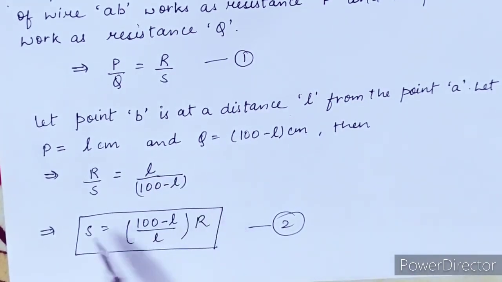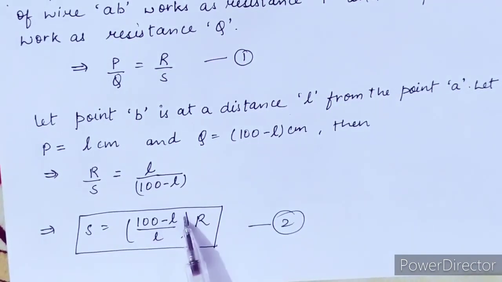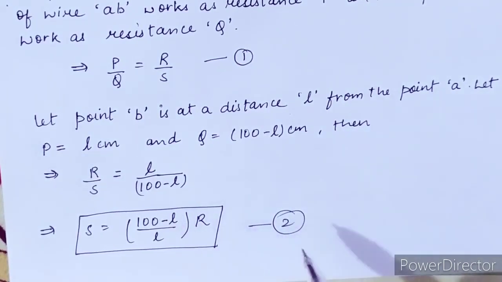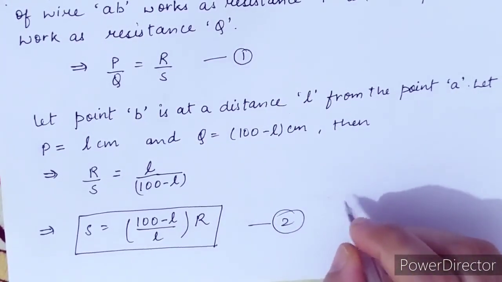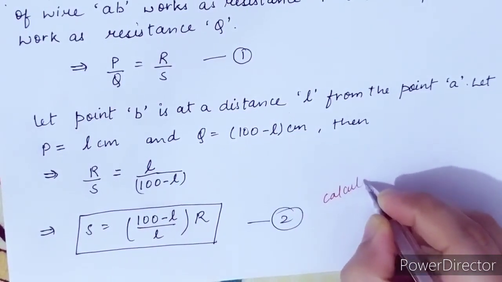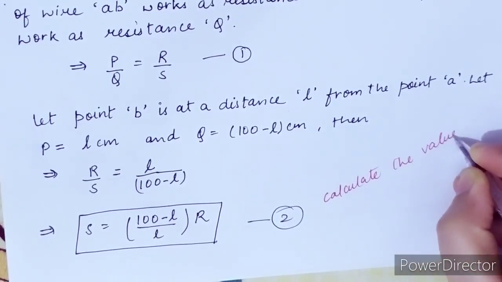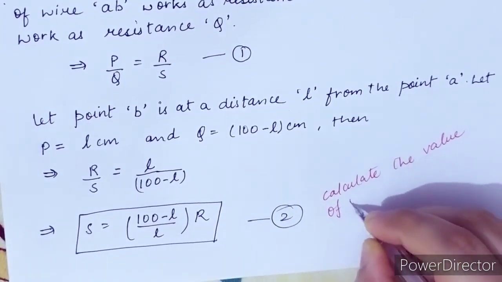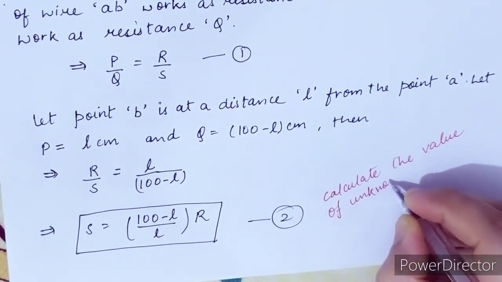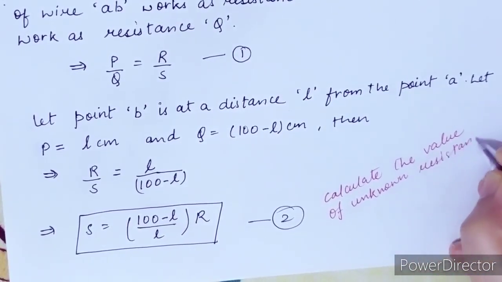What you have to do is calculate the value of unknown resistance S. So S is equal to (100 minus L) upon L into R. This is how you can calculate the value of unknown resistance.